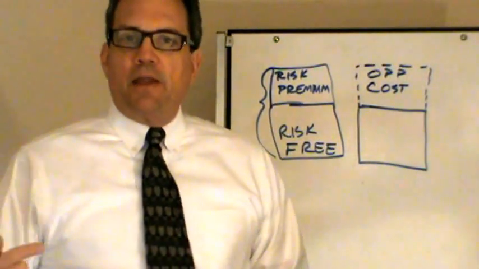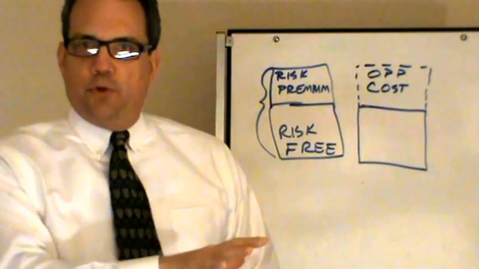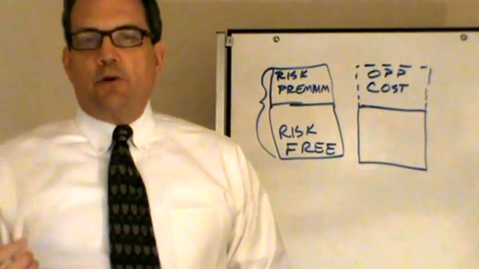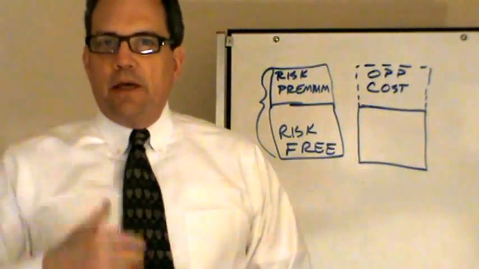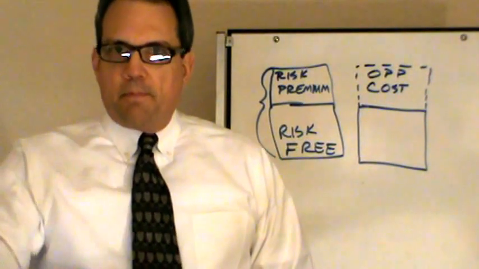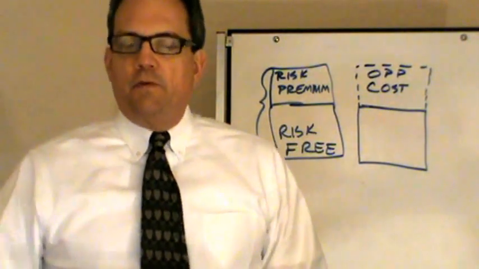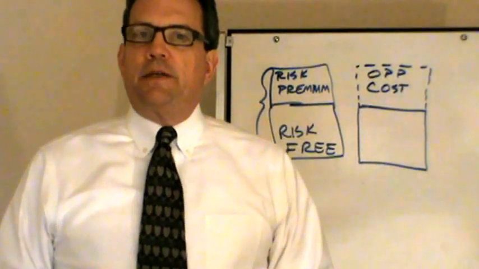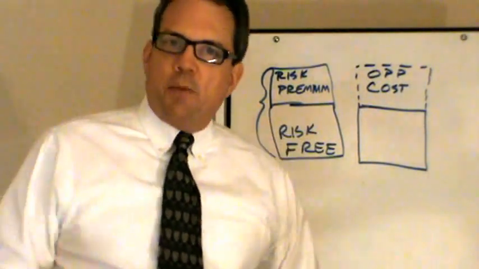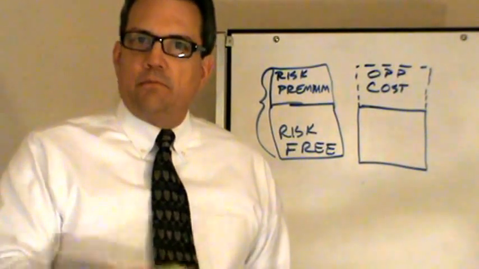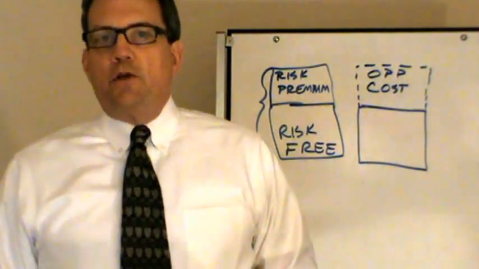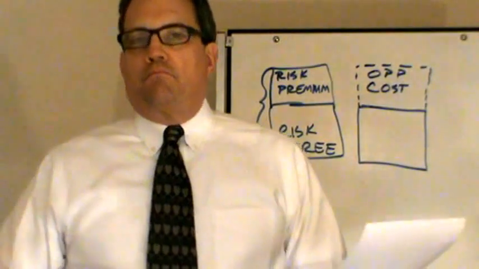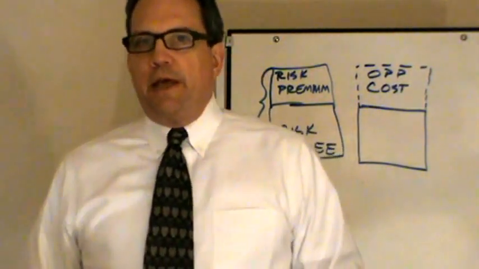Beta is the volatility of something compared to the market. Standard deviation is the volatility of something, period. That's it. End of sentence. Everything is going to have some volatility. It's just how much is it compared to the market? That's going to be your beta. Your standard deviation is how much volatility it has on its own.